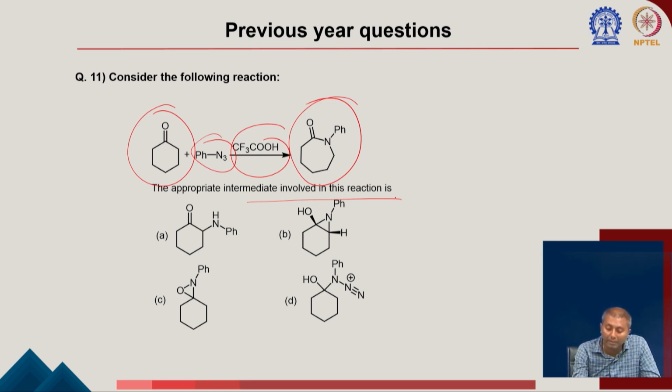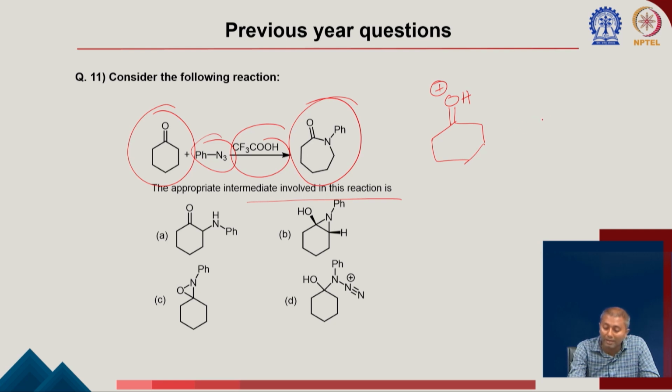So, now what is going to happen here? A similar type of reaction was covered when I was giving the lecture on the nitrene part, and if you remember, I was using some Lewis acid like titanium tetrachloride. But here trifluoroacetic acid can protonate this.